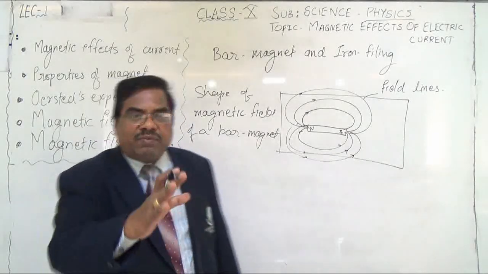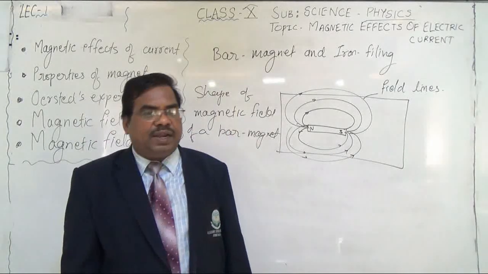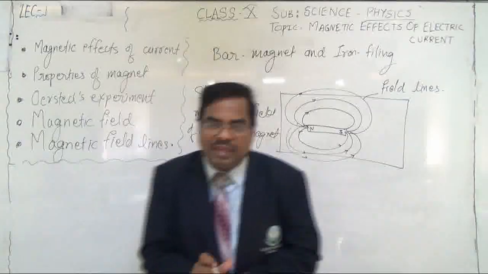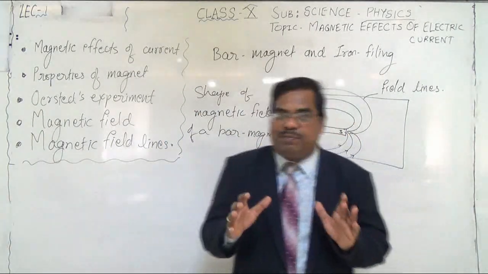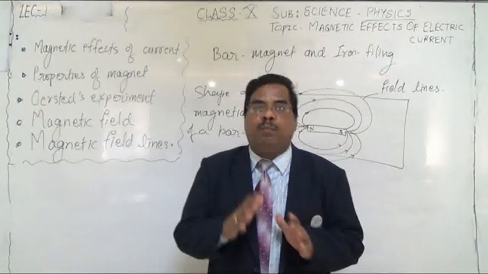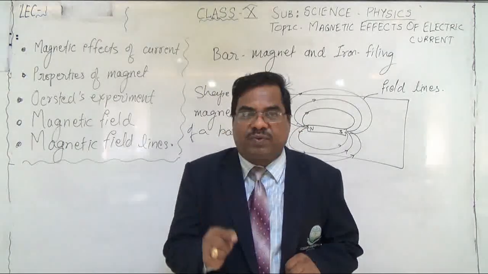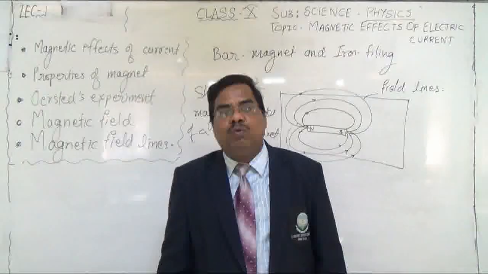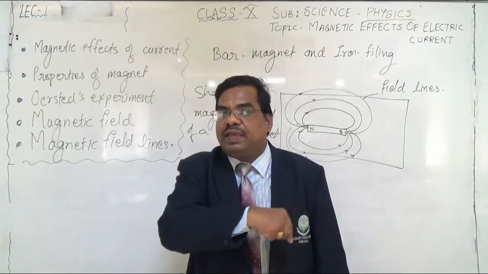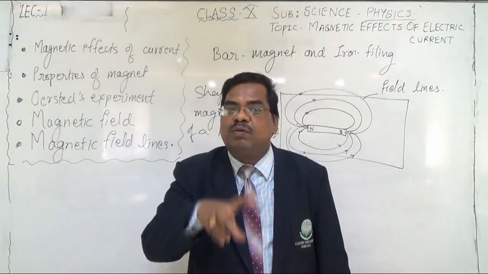So I hope I have explained to you what a magnetic field is. Try to understand from where we have begun. We began from the magnetic effects of current. Oersted in his lab explained how the passing of current deflects the compass.